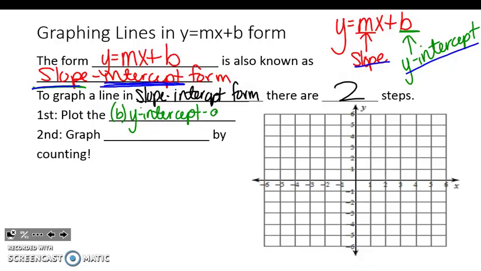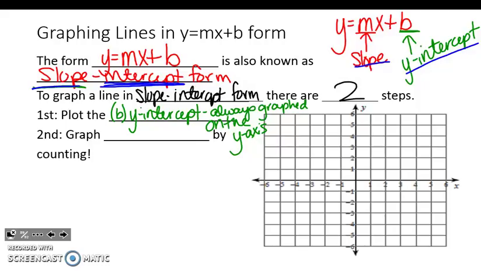And that is always graphed on the y-axis. That is always, always, always the first point that you put on the graph, and it is always graphed on the y-axis.